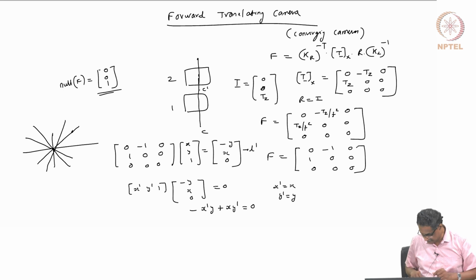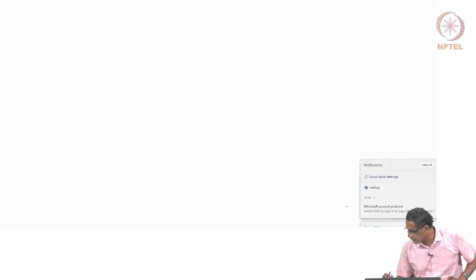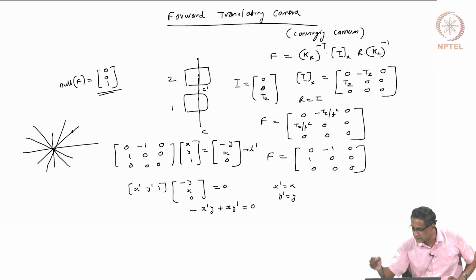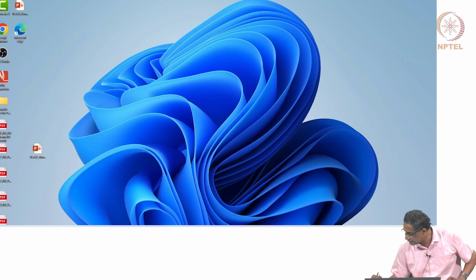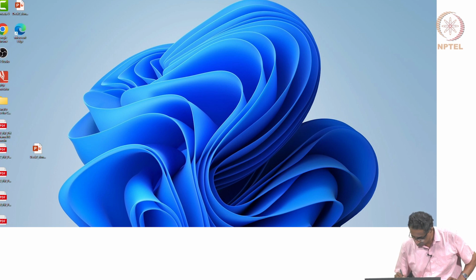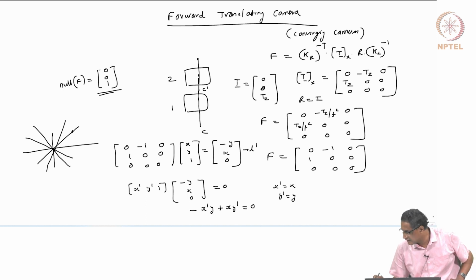Okay, now let's get back to this. There is one topic which we will not cover. Now what is called rectification. Camera rectification it's called. It's not your rectifier that you learn in electronics.